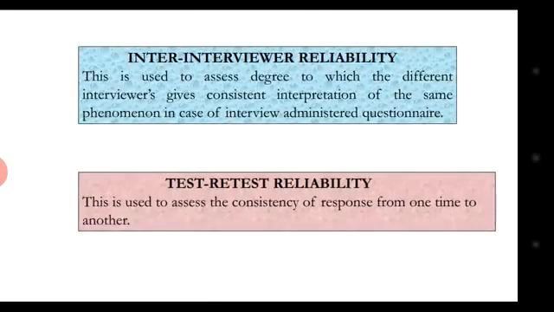Okay, so what is interviewer reliability? This is used to assess the degree to which different interviewers give consistent interpretations of the same phenomena in the case of an interview-administered questionnaire. Different interviewers will give a lot of interpretations.